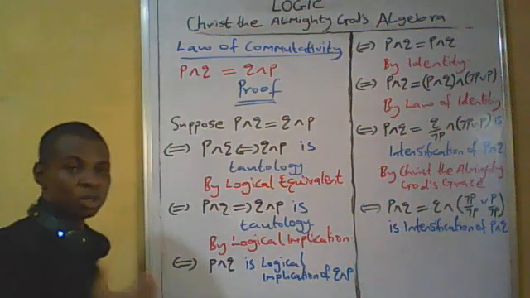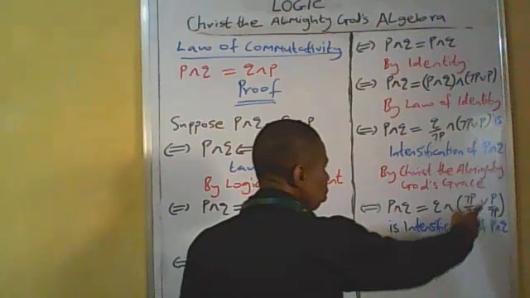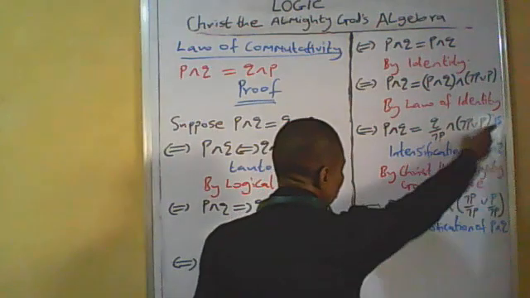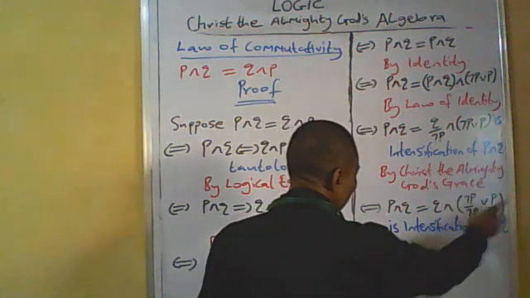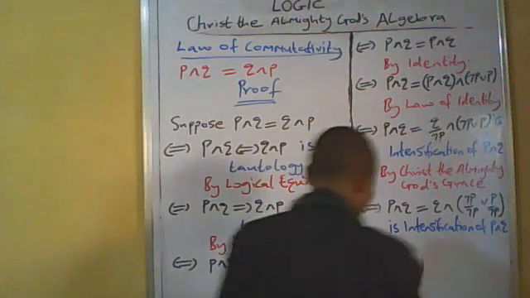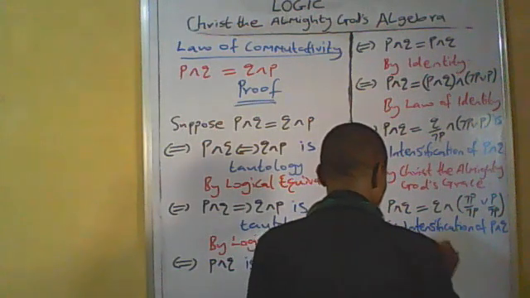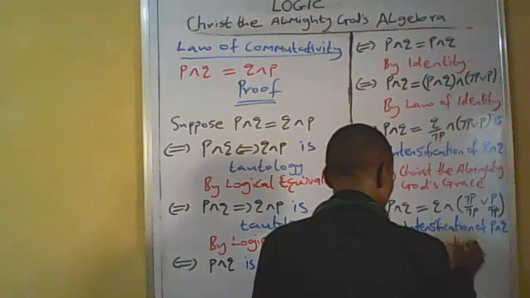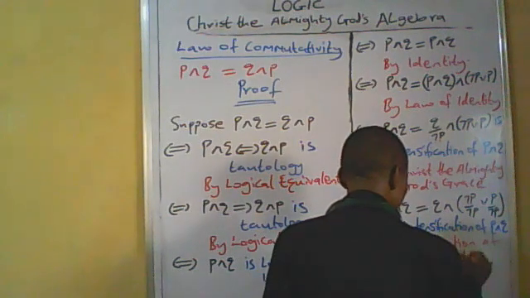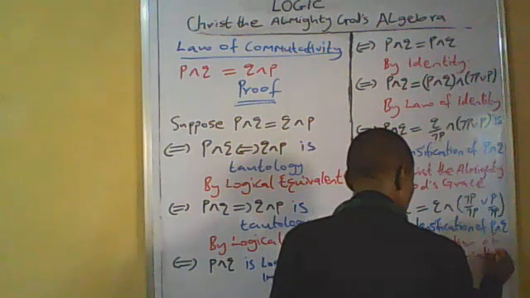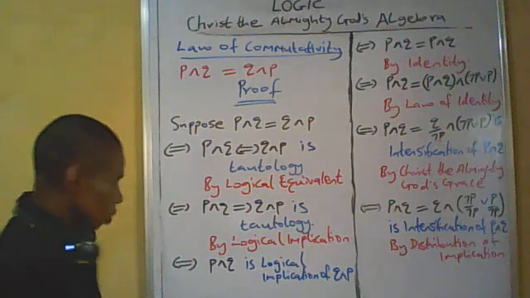It is through implication that we take this not P to not P or Q. That's why I have not P upon not P or P upon not P. So being justified by distribution of implication. We go to this side.